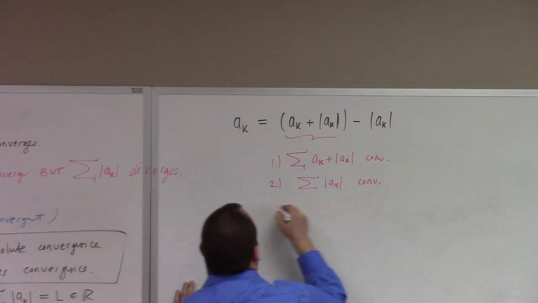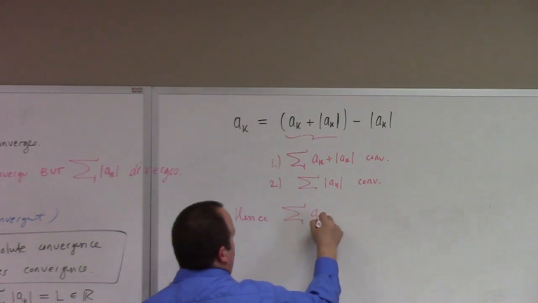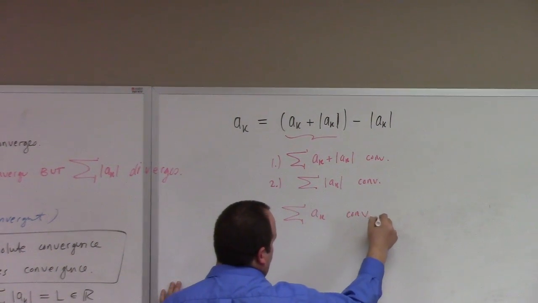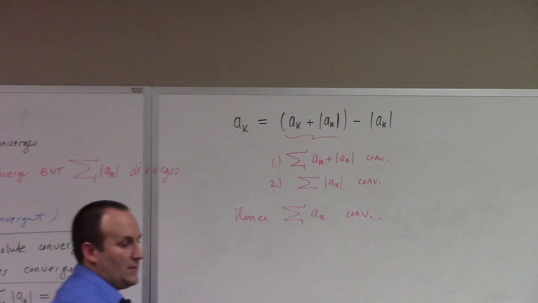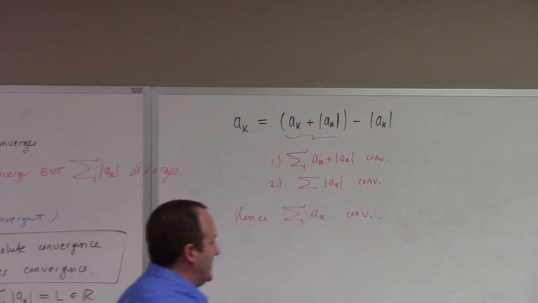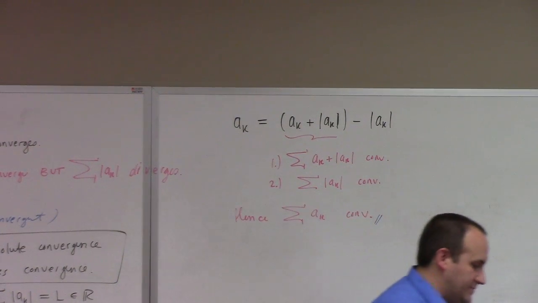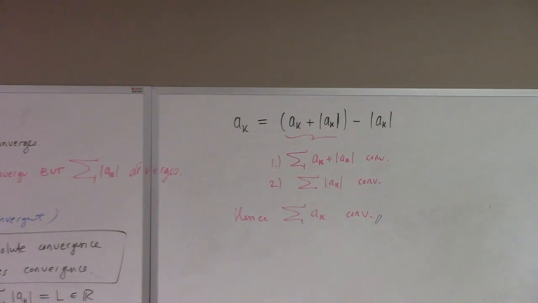So hence, the series formed by a sub k converges. Sorry for the stumbles at the start of that. So this is a very nice result. If we have absolute convergence, we automatically get convergence.